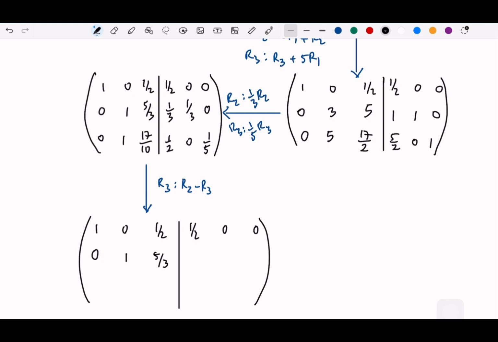This will be 0, 5/3, 5/3 minus 17/10. So my negative 1/30.